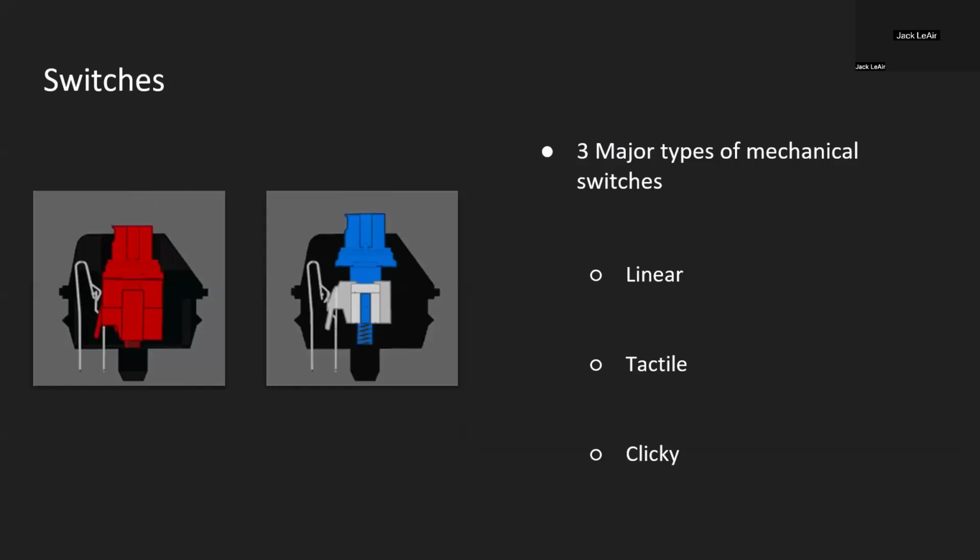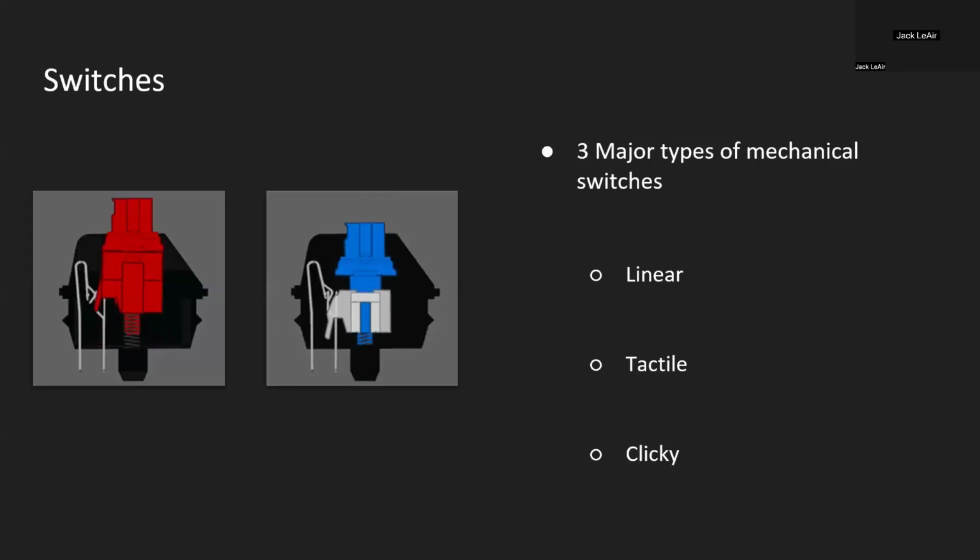And unlike membrane and rubber dome switches, like those Apple Magic keyboards that come with the Macs, mechanical switches have individual components that work together for each key.